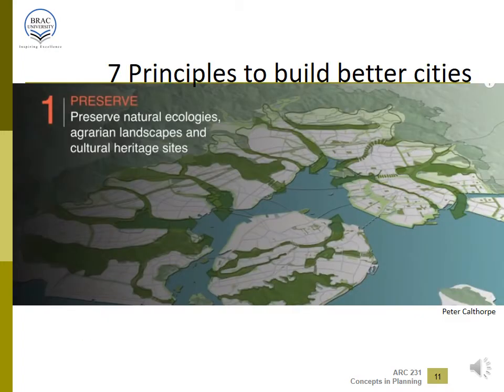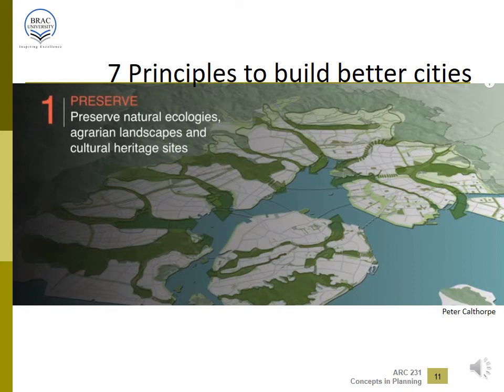This is one of the big examples of the seven principles given by architect and planner Peter Calthorpe. He advocated seven principles which can build better cities. His first point was preserve. He said Mother Nature should be respected in the first hand.